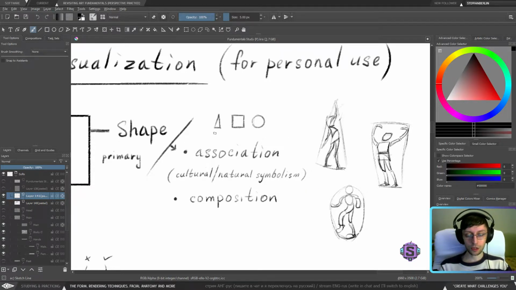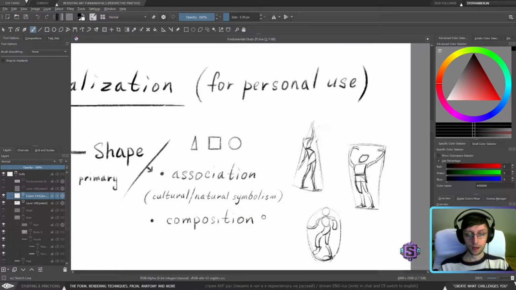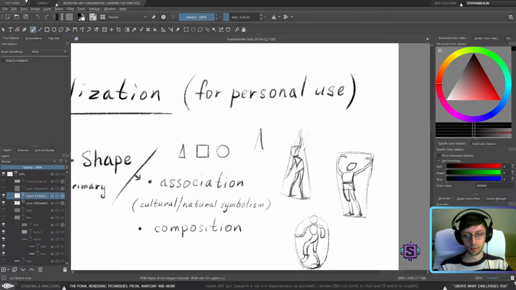So again, associations, usually people associate themselves with others or with something that they see through those types of instruments. They're working on the cultural and natural, which is basically made by nature, symbolism. So everything that has some sharp angles, this is something that we're not going to touch. It's true in nature, it's true in culture.